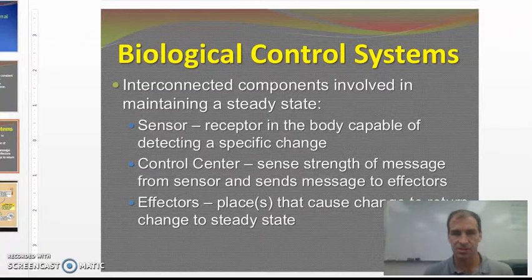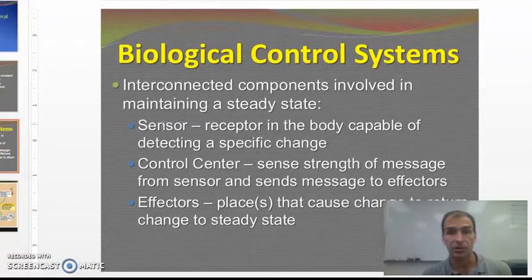So typically in these situations, there are factors that are involved in this. One is what we would just call a sensor. The idea that there is something in the body that's going to sense that there is a change going on. As we'll see in numerous systems in the body, that can be pain receptors in the skin, which are technically the nervous system.